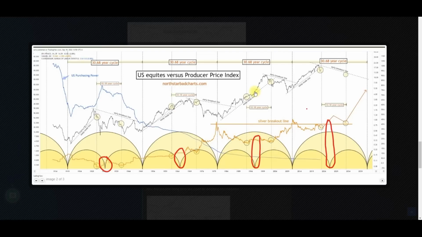U.S. equities did go up in the dot-com bubble right here. So they did very well bouncing on that line, and they outpaced inflation all the way up. But even if they outpaced inflation, it wasn't enough to bring silver down lower than the previous lows. So that was the ultimate bull case for U.S. equities. This one was the ultimate bear case for U.S. equities. This was somewhere in between.